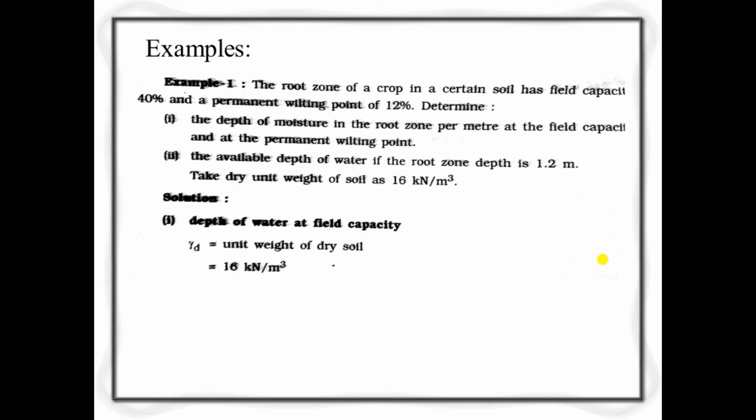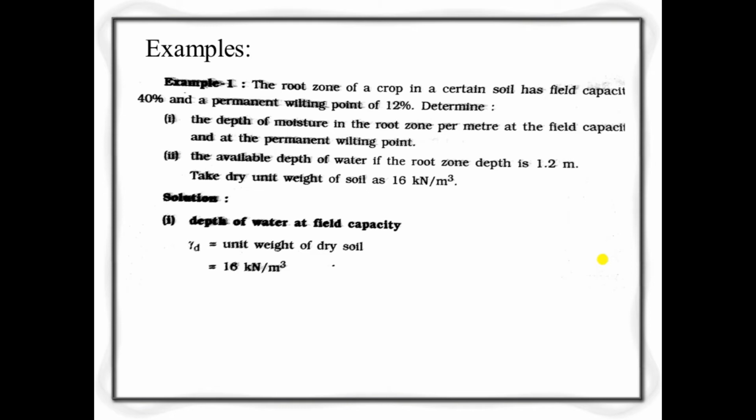Now we are seeing an example on the root zone and the calculation of field capacity of water and how much water is present at the wilting point. As per the data, the root zone of a crop in a certain soil has a field capacity of 40%, so it can hold maximum moisture of 40%, and a permanent wilting point of 12%.